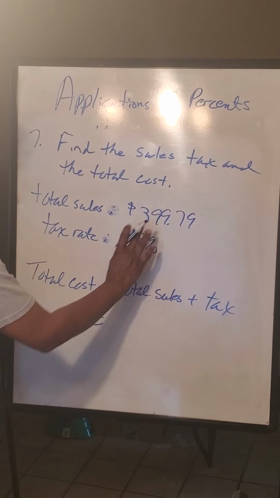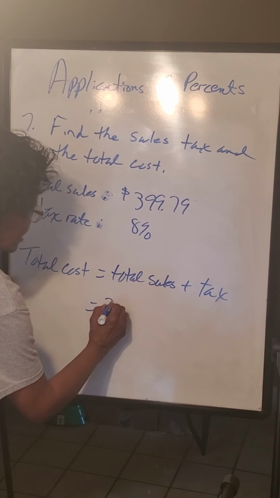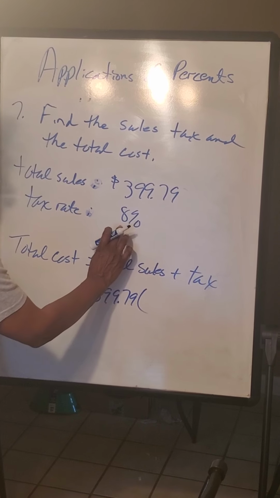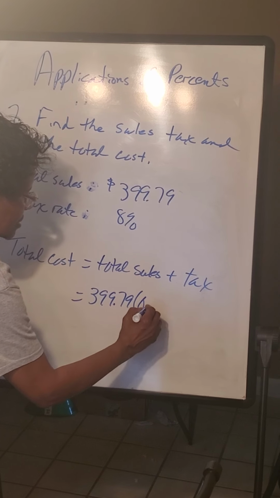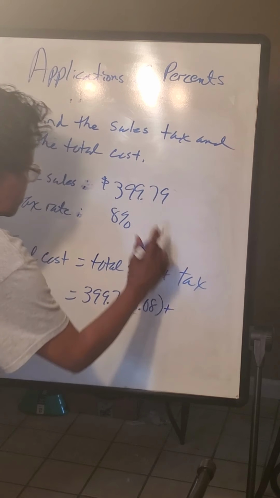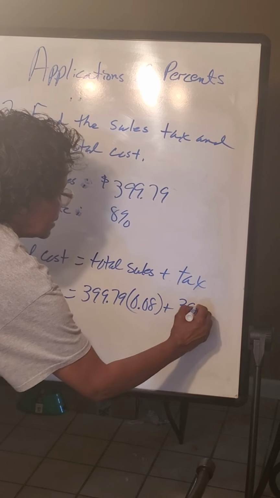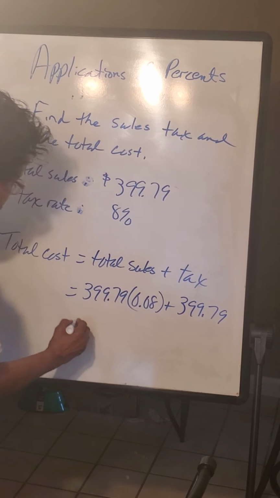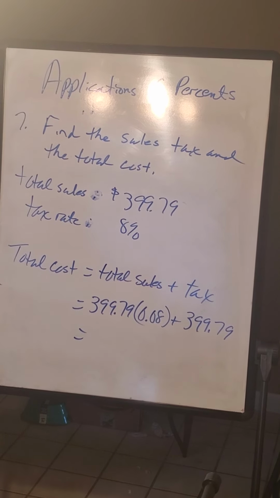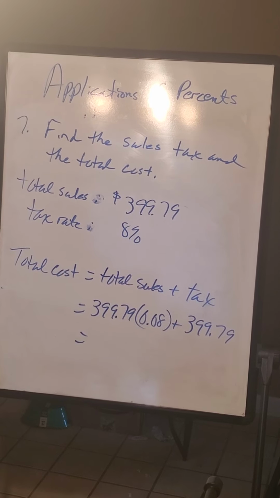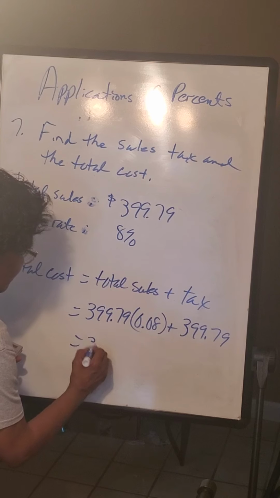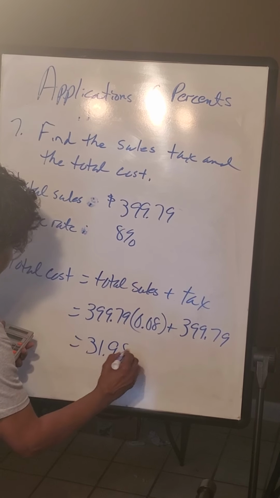So I'm going to get the tax first. So I'll take $399.79. 8% as a decimal is 0.08. That will give me my tax. My total sale was $399.79. So as I get the tax, I see $31.98.